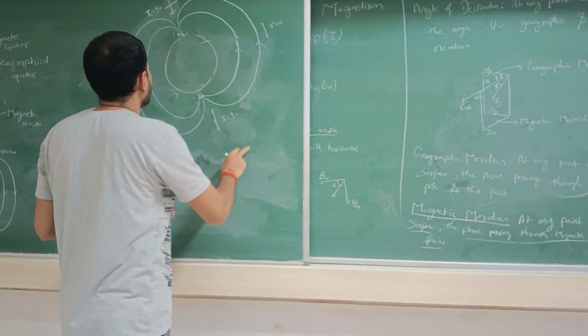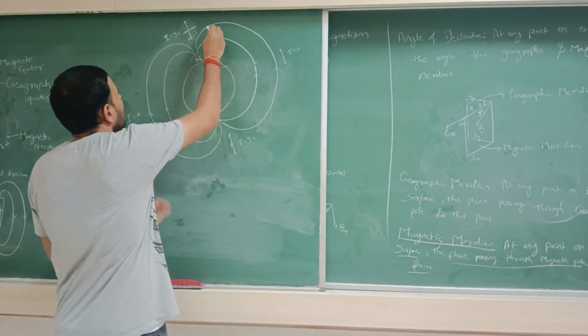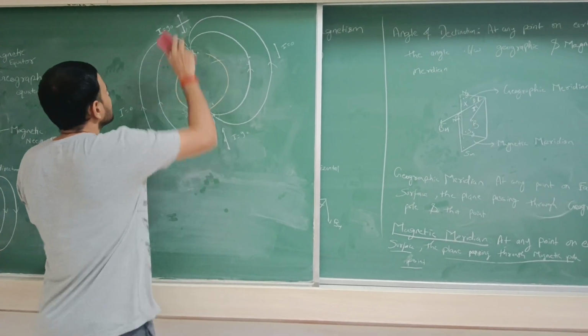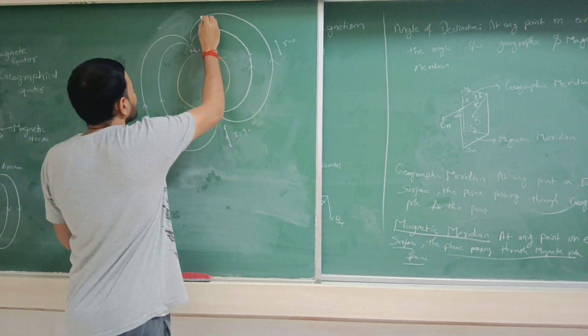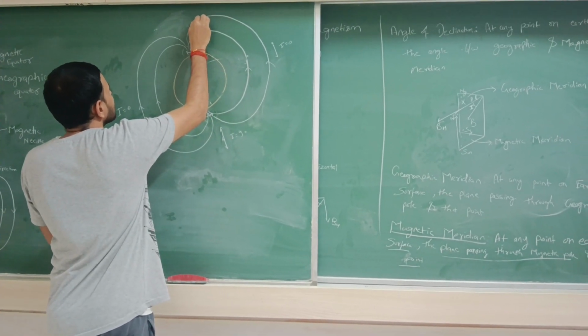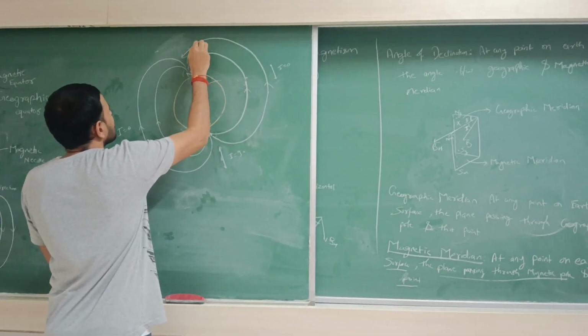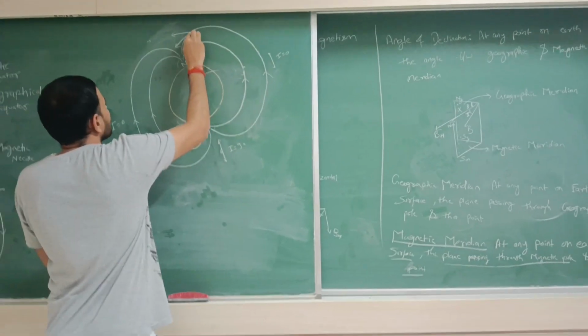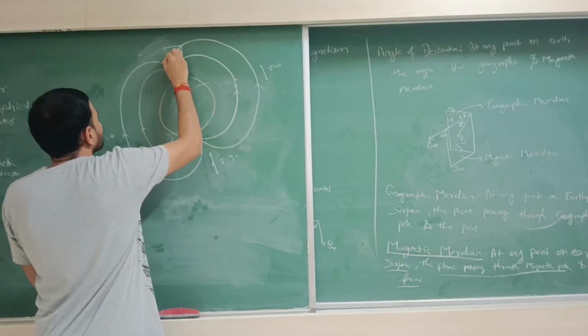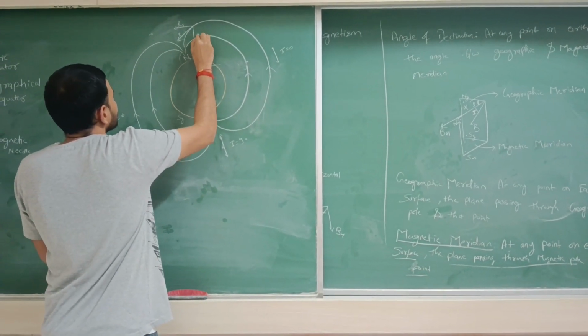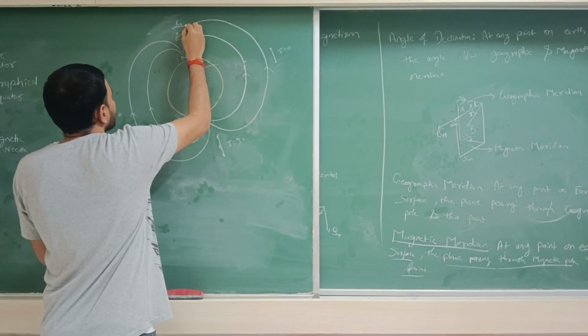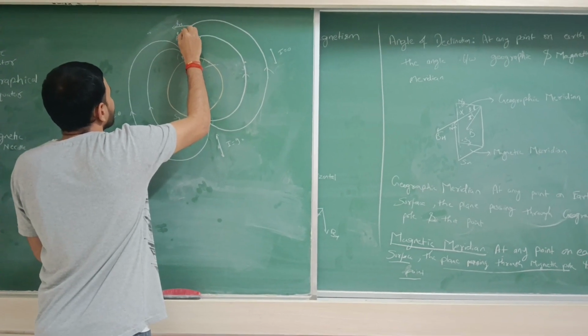Now we are going to draw the same as we drew earlier. Here we draw the magnetic field lines. This is the total magnetic field, this is the horizontal magnetic field, and this is the vertical component of our magnetic field, and this is the angle of dip.